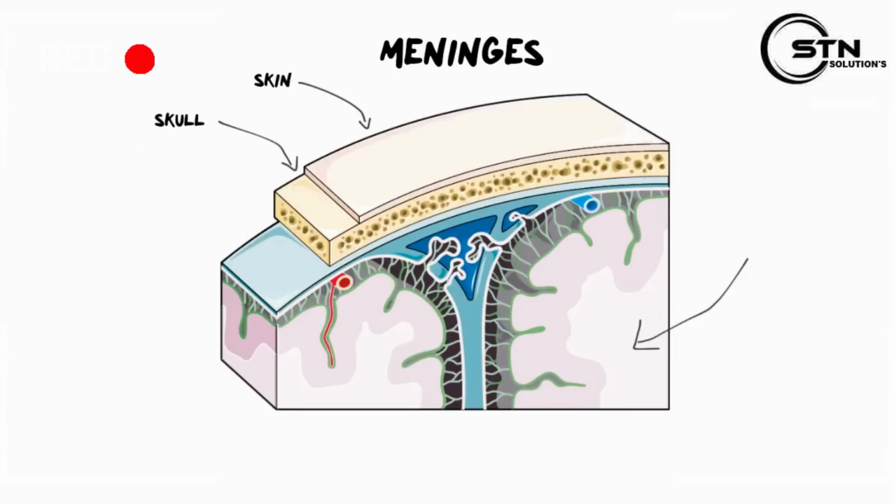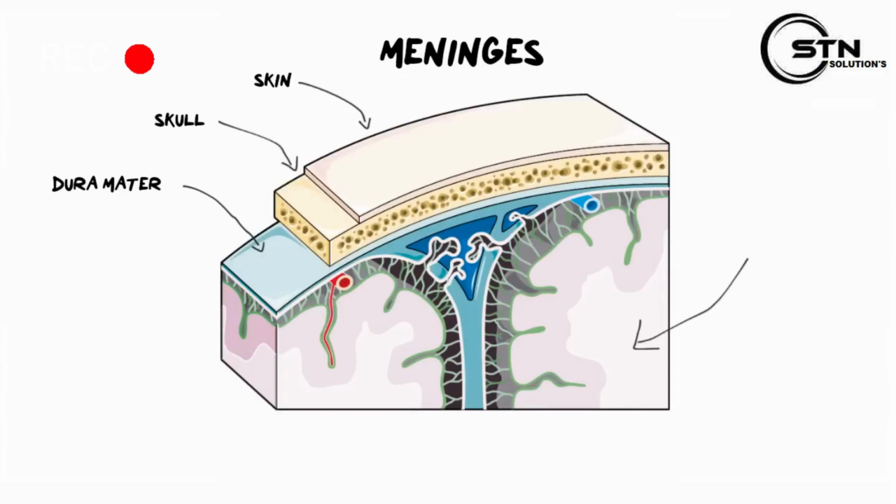And then there are three protective layers that sit underneath that in order to protect your brain as well as your spinal cord. We start with the most outer layer, which is this thick, tough blue layer. It is called the dura mater. It's very fibrous. It's almost like a sack that your brain sits in.